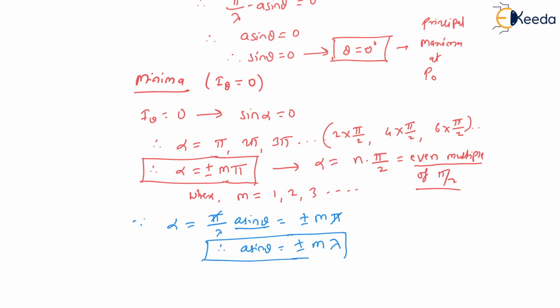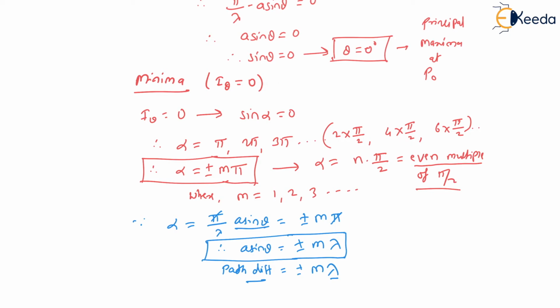So this is the condition for minima in terms of path difference, because a sine theta is nothing but path difference, equal to plus minus m into lambda. Path difference will always be in terms of lambda, that is wavelength, and phase difference will be in terms of angle, that is in terms of pi.